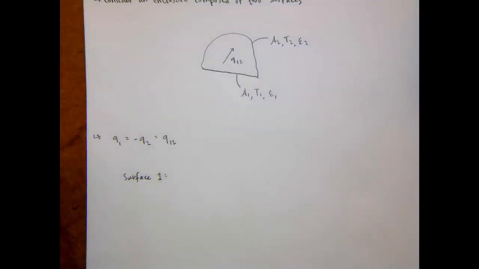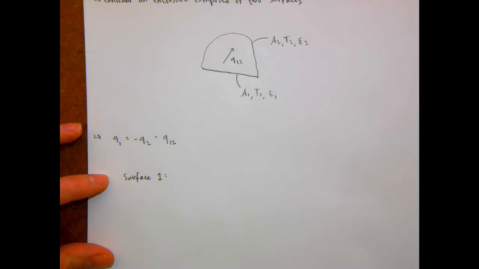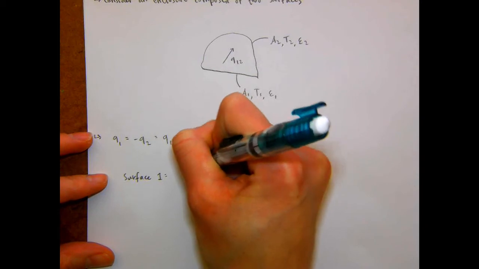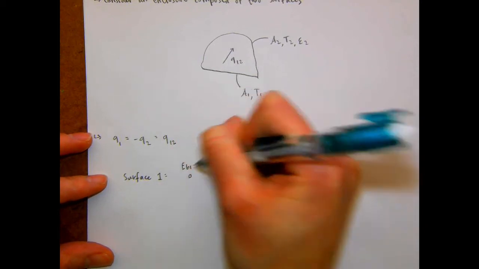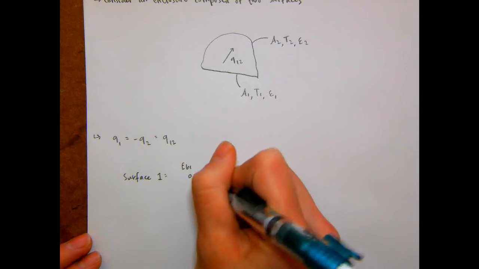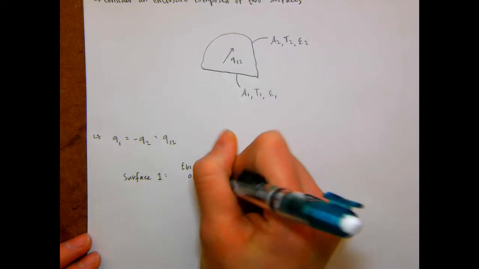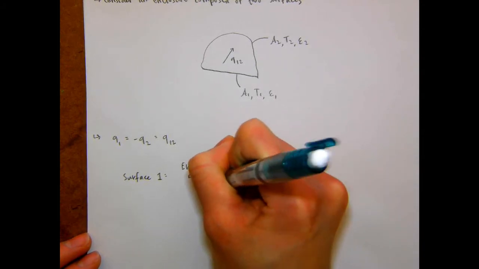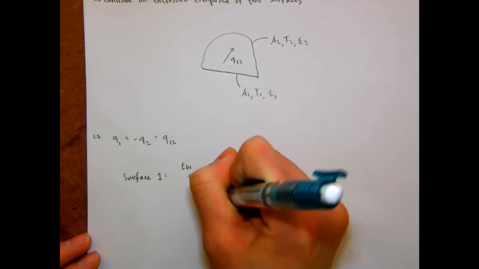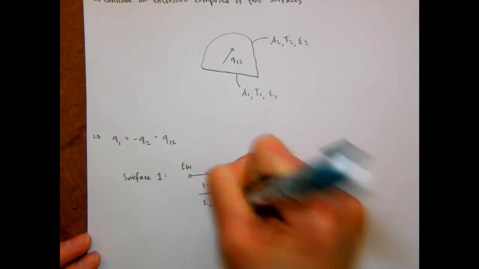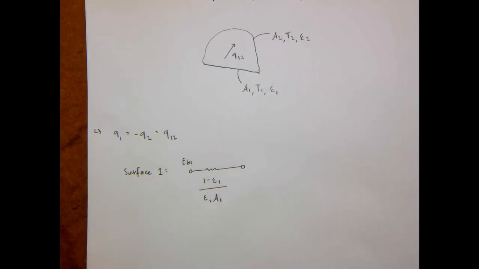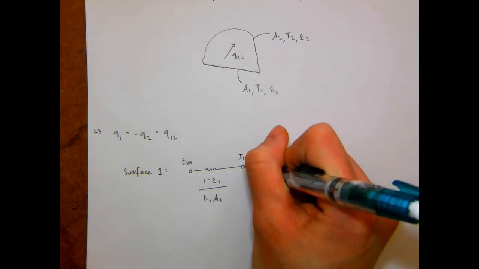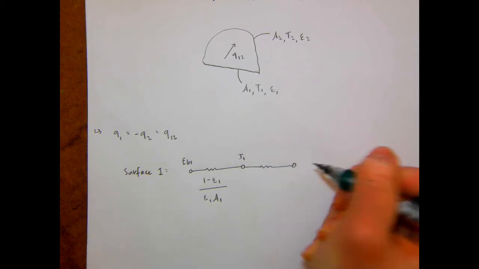Okay, so let's write that out for surface 1 first. So we have the first node, which is the emissive power of the surface if it was a black body. And then we have some resistance. Because the surface is not a black body, it will emit at a lower power. And then the radiosity, J sub 1, of the surface under consideration.